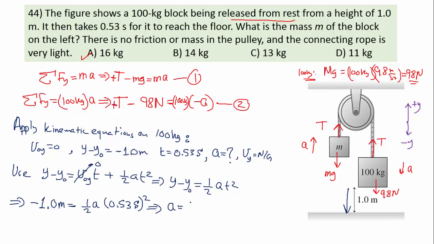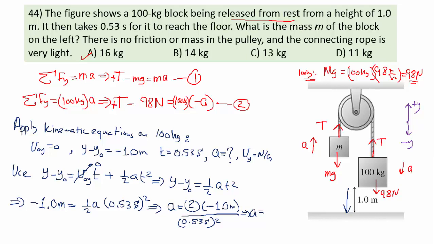We solve for a. a will be 2 times -1 meter over 0.53 seconds squared. And this will yield -2 divided by 0.53 squared.